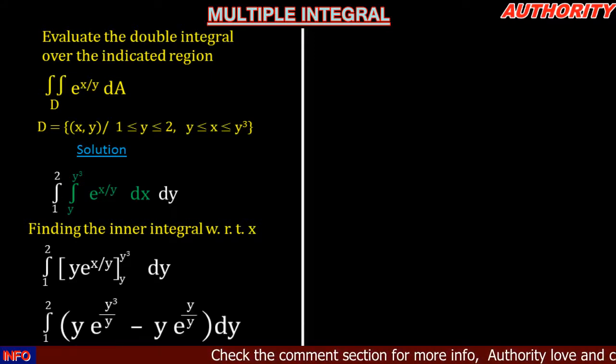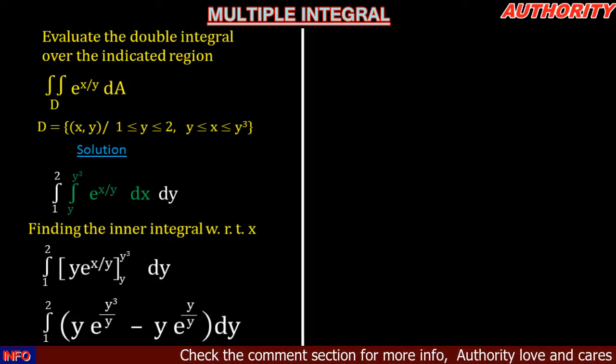Now let's go. That means we're going to have the integral over the region 1 to 2. We have ye raised to power x all over y. The first time now, in place of x, we're going to replace it with the upper limit, and the upper limit is y cube. So here we're going to have y cube all over y. You get it right? Good. Minus the lower limit.